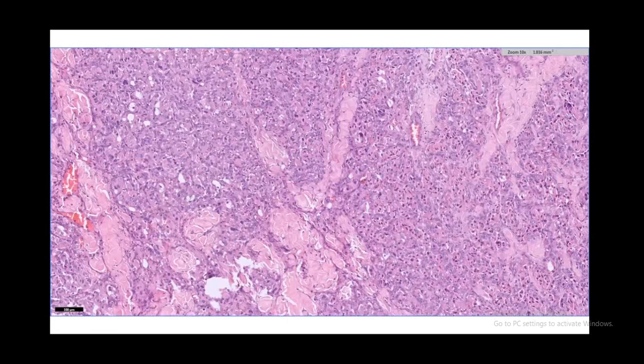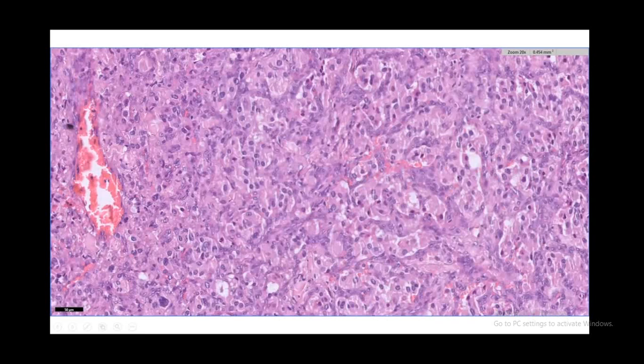The tumor as such has a solid nested appearance. Even at this power, we can see some dark hyperchromatic anisonucleosis, some multinucleation, and tumor cells appear oncocytic.